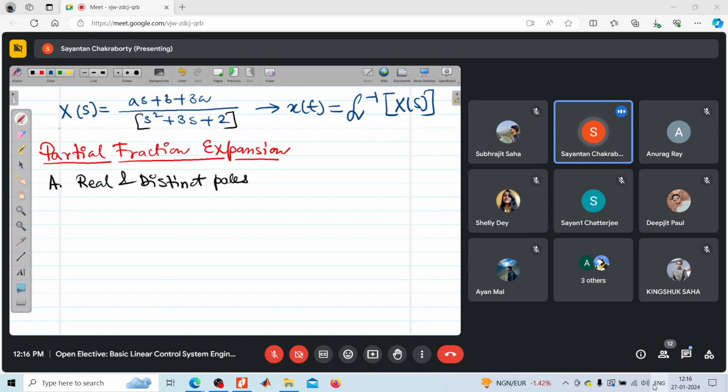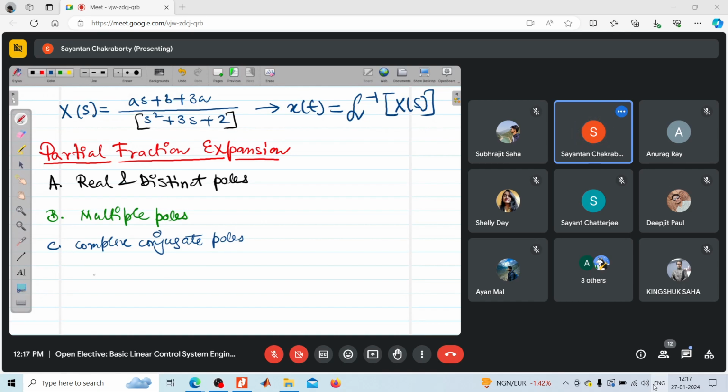Then the next case, we'll have multiple poles, or poles with multiplicity. And finally, we'll have complex conjugate poles. So we will discuss these three scenarios.